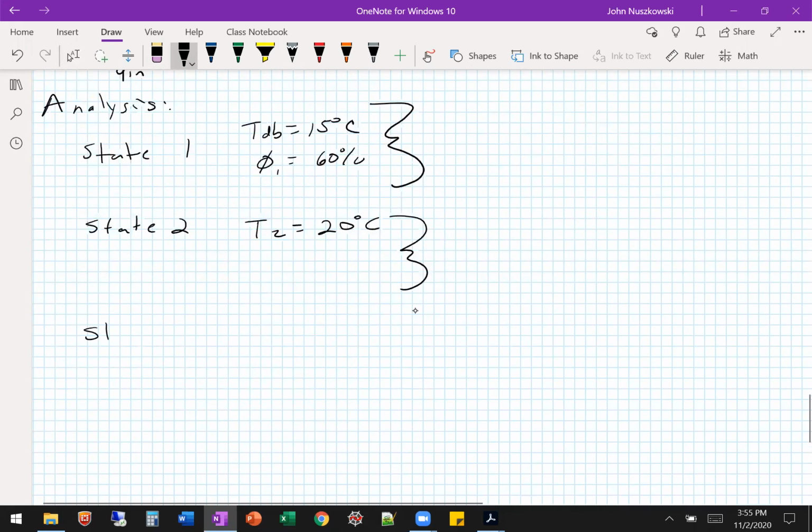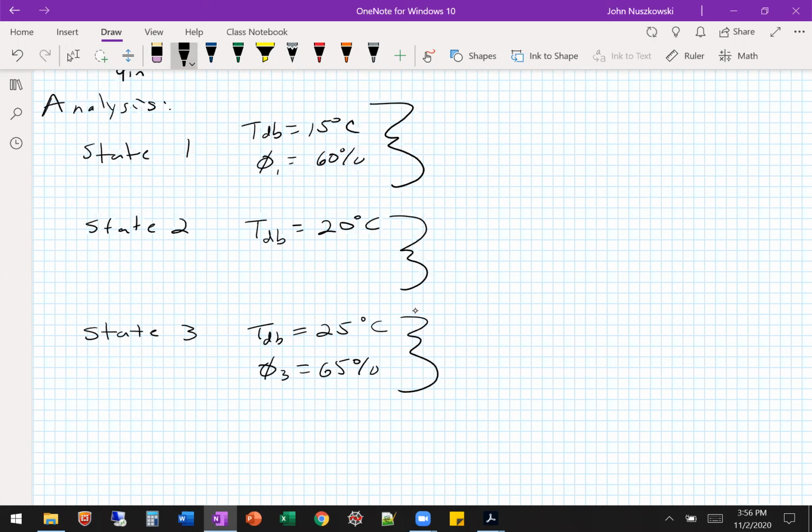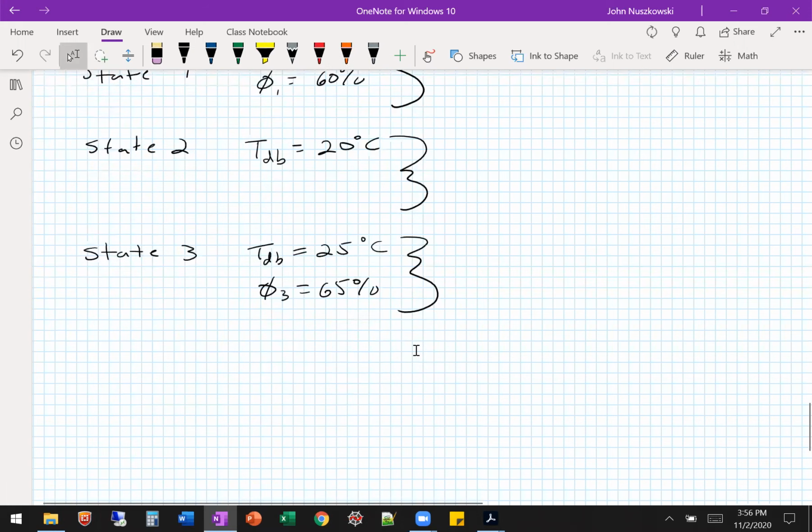And then state 3, we have our dry bulb. Let me put the dry bulb here, dB, as a reminder, and then relative humidity. So we can get anything our heart desires for state 3's properties.